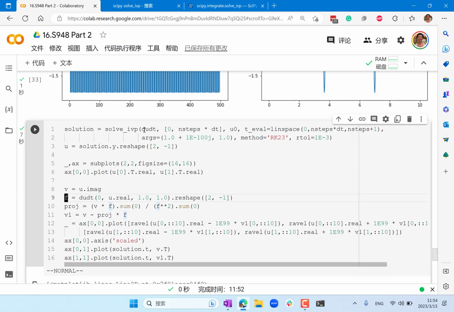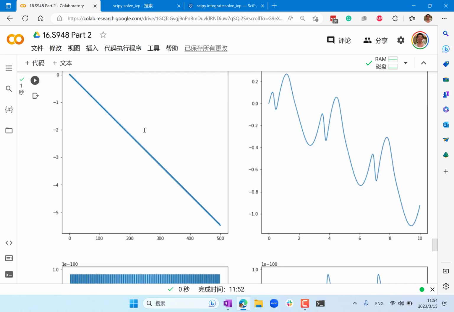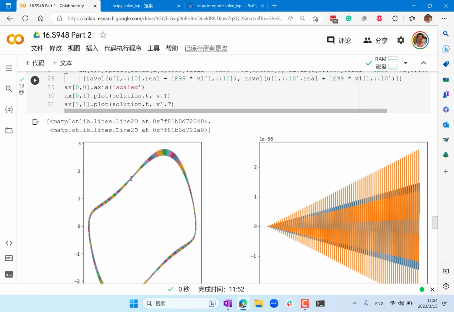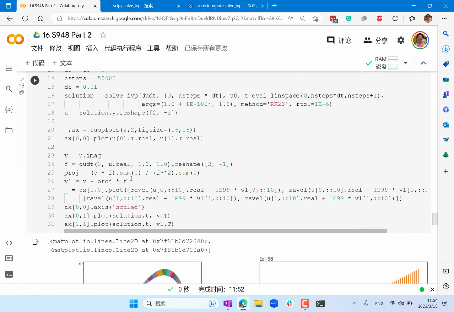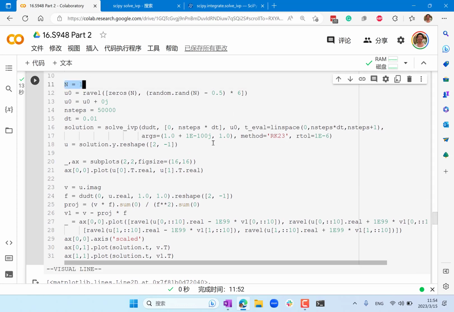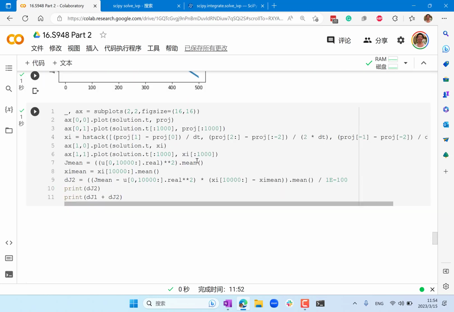So what does that mean? That means I'm going to be solving not just an inhomogeneous tangent equation, I'm also going to be solving a homogeneous tangent equation. So let me just copy this thing from here, and I'm going to show what I mean.